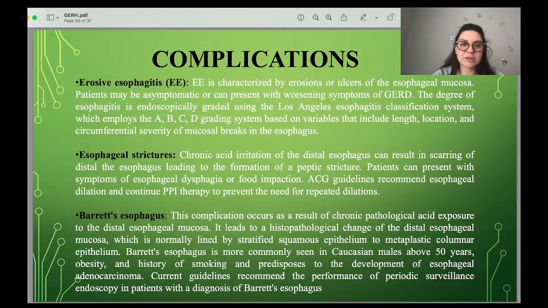Barrett's esophagus is more commonly seen in Caucasian males above 50 years. Obesity and history of smoking predispose to the development of esophageal adenocarcinoma. Current guidelines recommend the performance of periodic surveillance endoscopy in patients with a diagnosis of Barrett's esophagus.